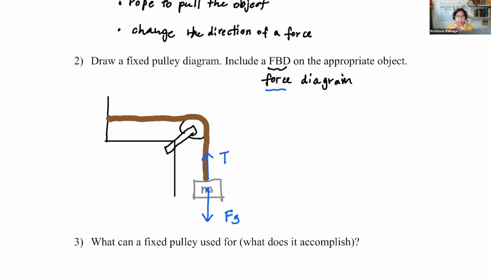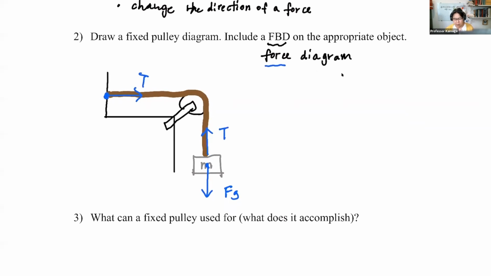You cannot have a different tension force in the same rope. Tension force is always the same along it. So this is the tension force at this location, the same tension force. What is the tension force? It's going to be equal to the magnitude of the gravitational force.